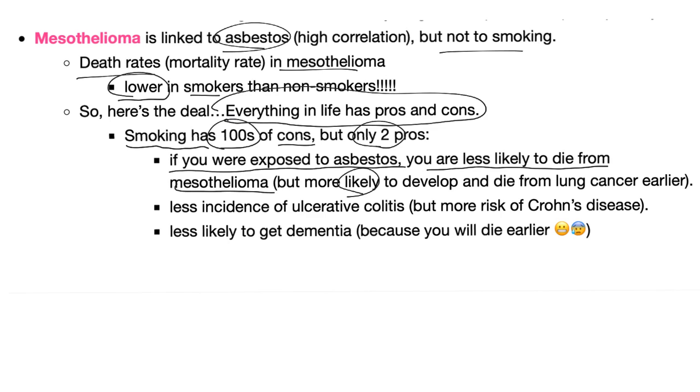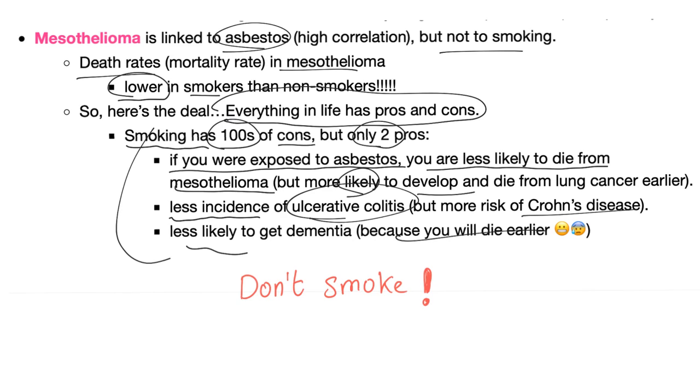Why? Because you're more likely to develop and die from lung cancer early on before you get mesothelioma. You got it? Number 2, if you are smoking, you have less incidence of ulcerative colitis, but more risk of Crohn's disease. If you are smoking, you have a lower risk of getting dementia because you will die earlier. I'm sorry, don't smoke, guys.